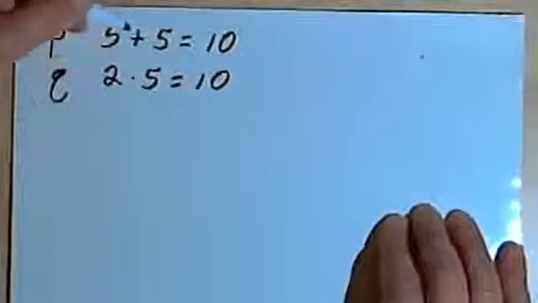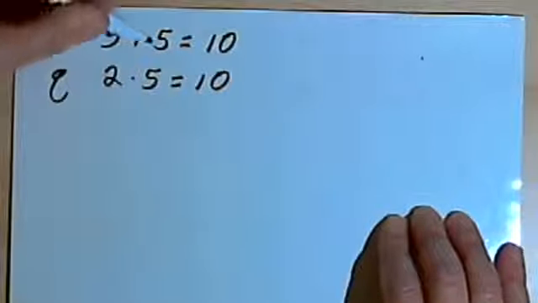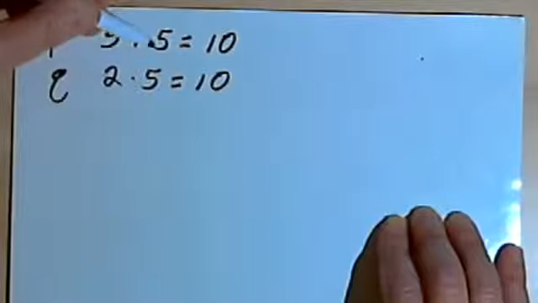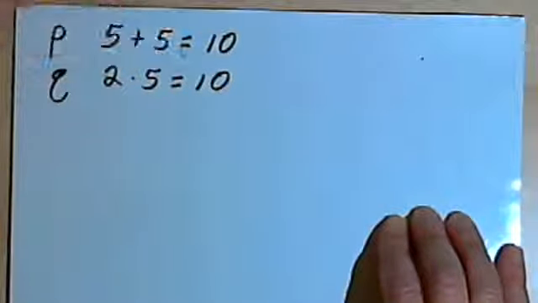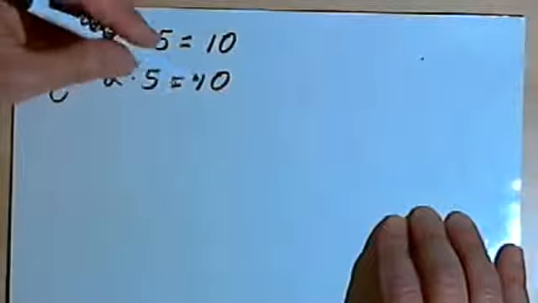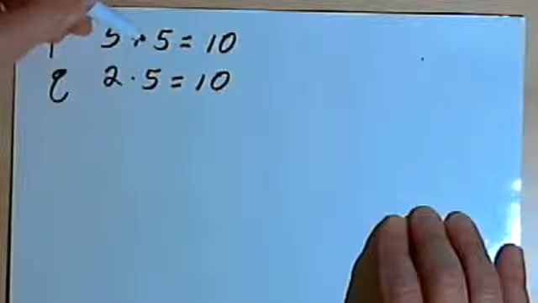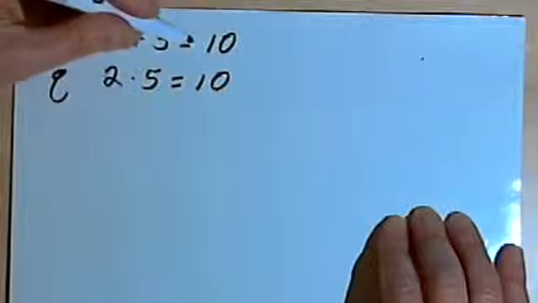We can say this as 5 plus 5 equals 10 if and only if 2 times 5 equals 10. Or I could say it in the other order. 2 times 5 equals 10 if and only if 5 plus 5 equals 10.